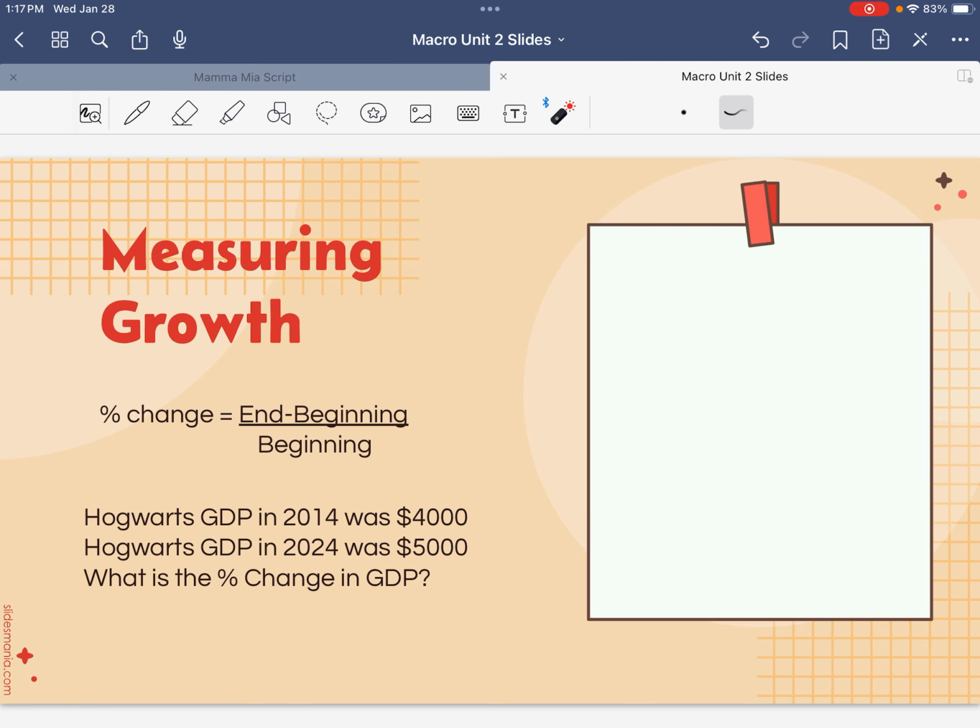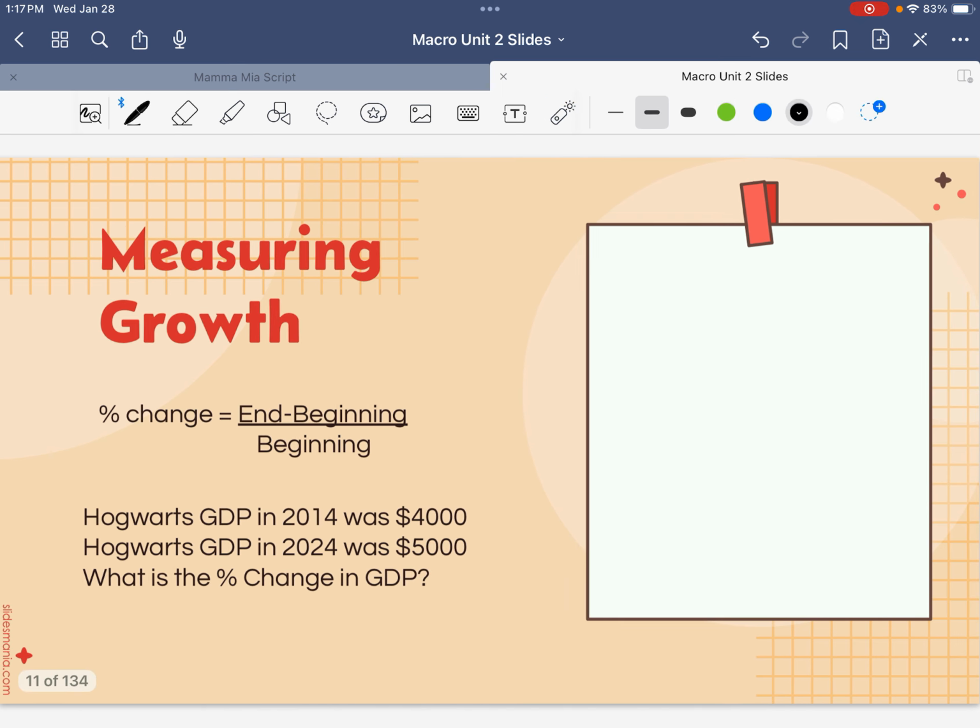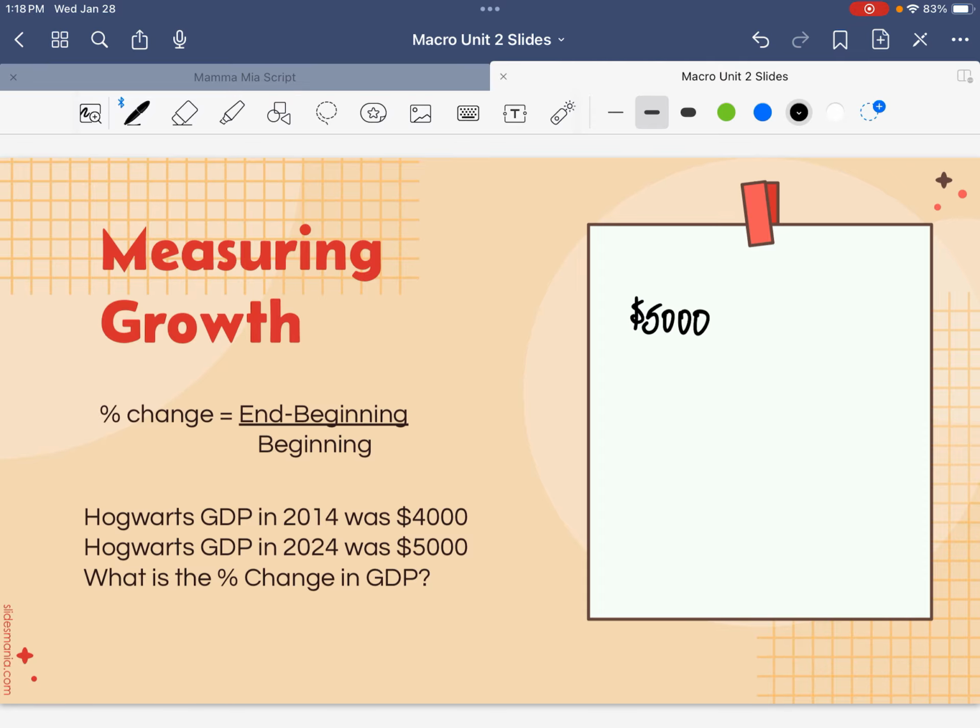So I'm going to take the end year statistic, which is 5,000, and I'm going to write it out. If it says calculate on the AP exam, they want to see your math. So show the math. Minus beginning year divided by beginning year, all times 100.